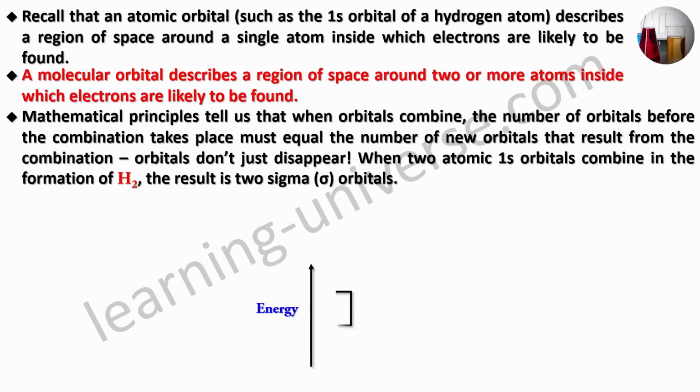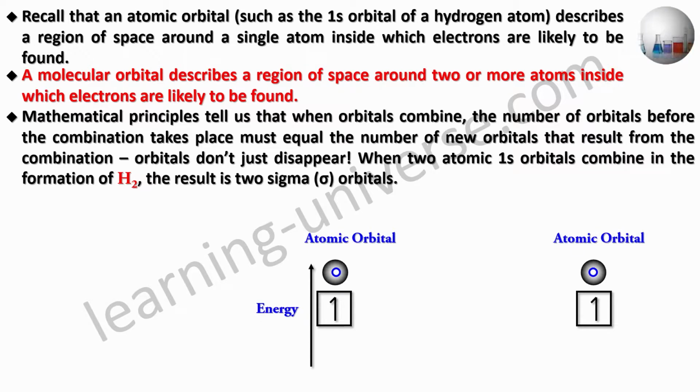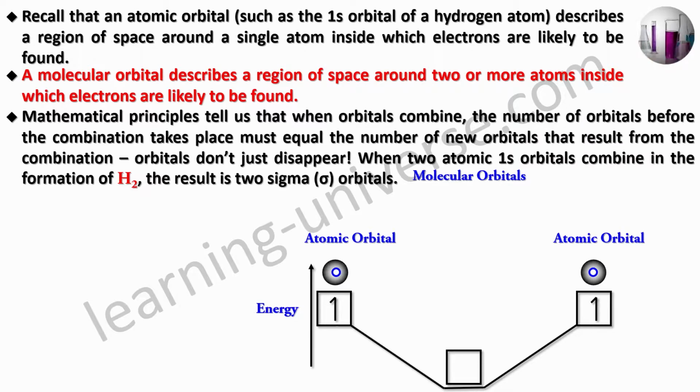Energy: we have the first box, a single electron, the 1s orbital of hydrogen. Another atom has again a 1s orbital. These are atomic orbitals, and they are going to combine to form molecular orbitals, and the electrons are found here because this is lower in energy than the two atomic orbitals.